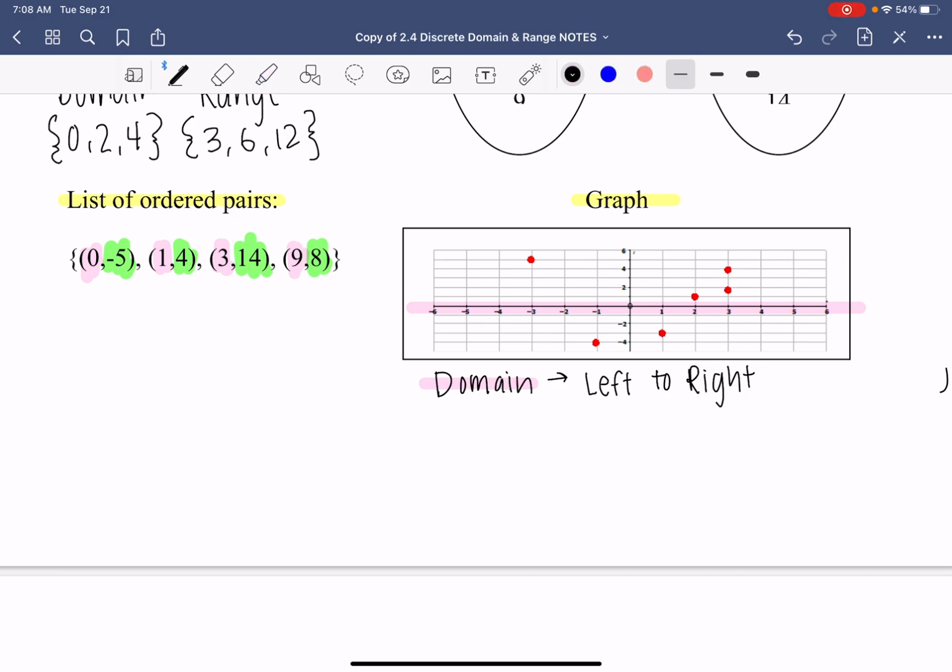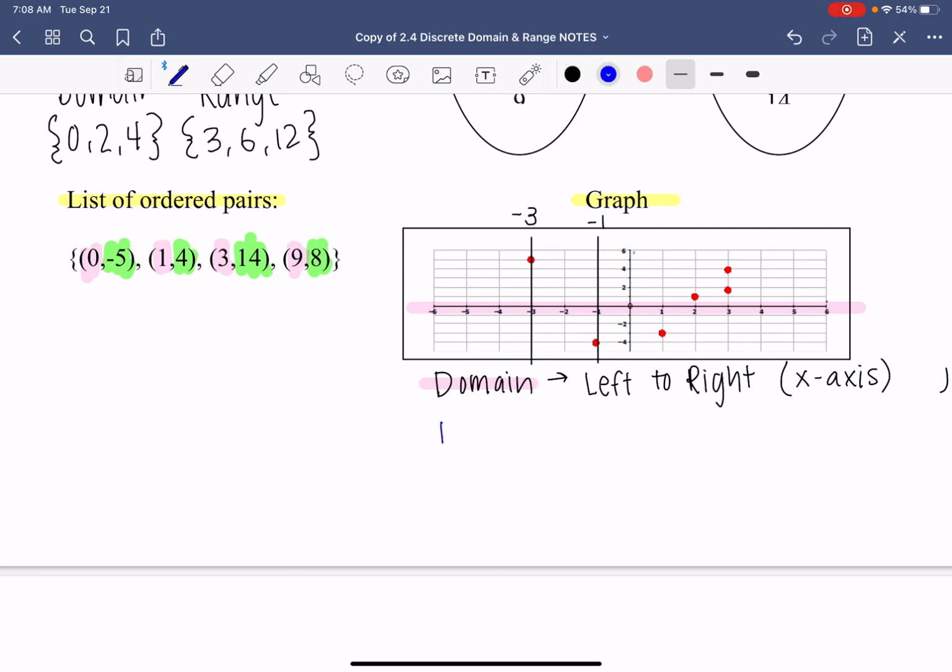Okay, so you're looking at the x-axis. So this one right here would be -3 because the furthest left it goes on the x-axis is -3. And then so on and so on. You could go to the next one, it would be -1.